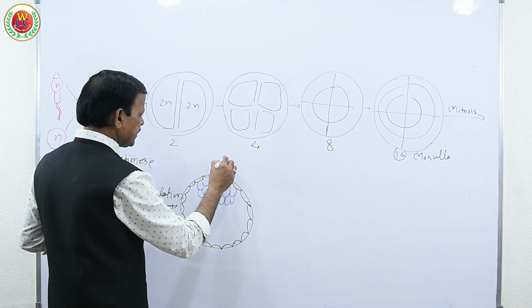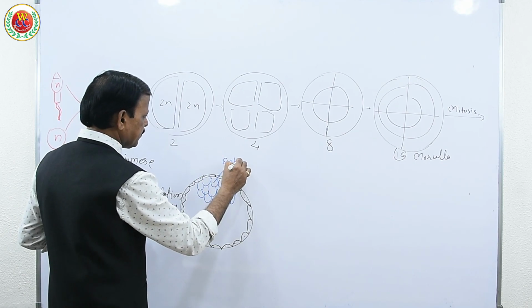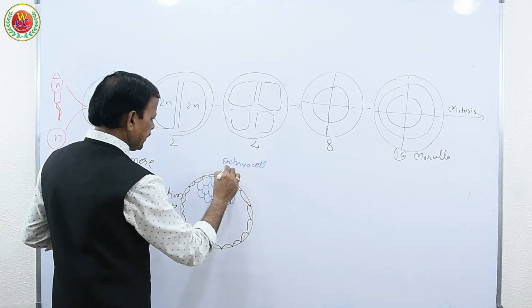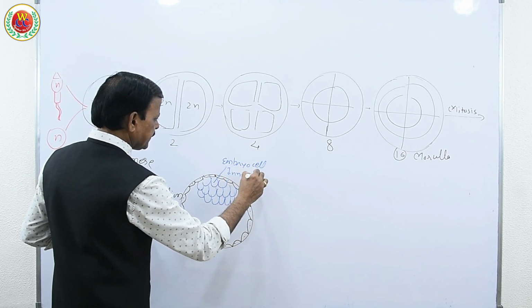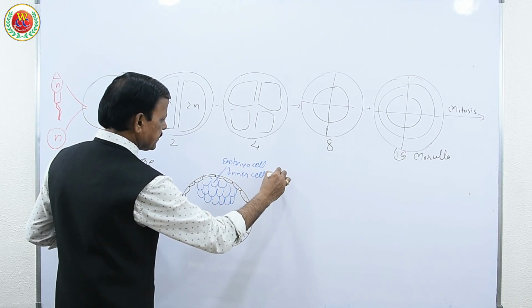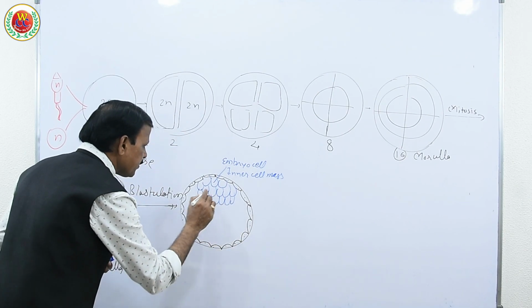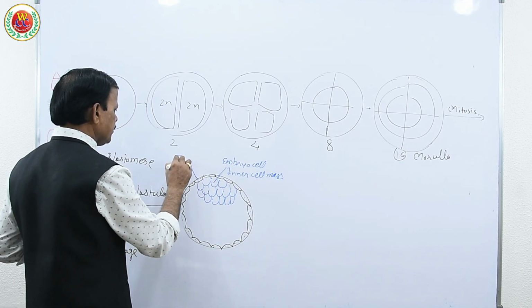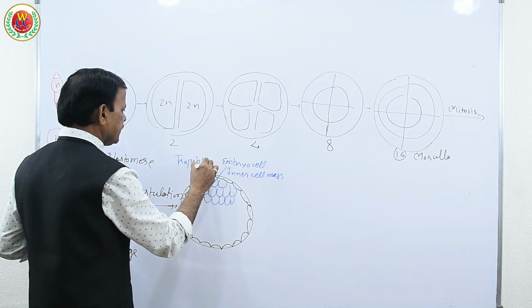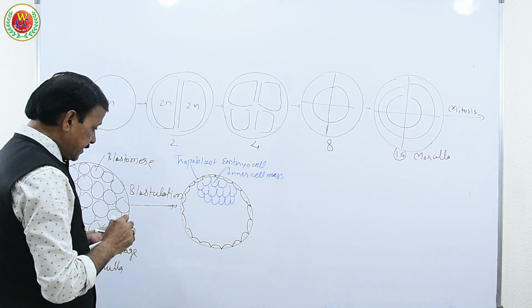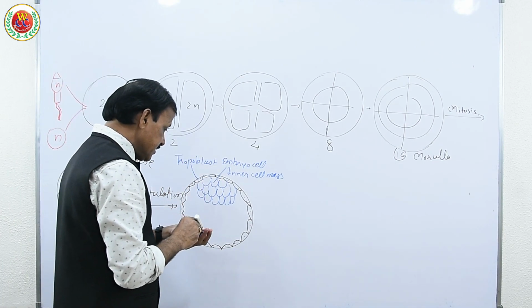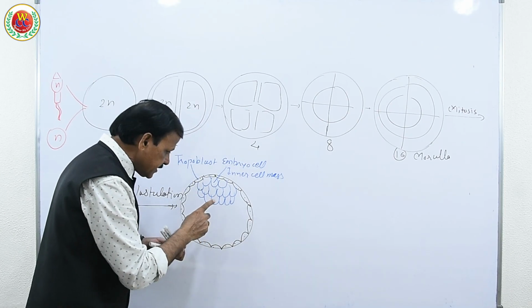So these are the embryo cells, the inner cell mass. And this is the trophoblast.